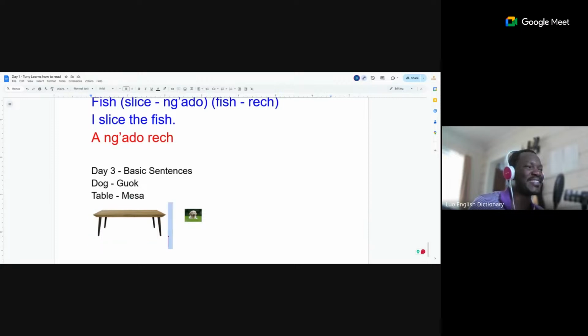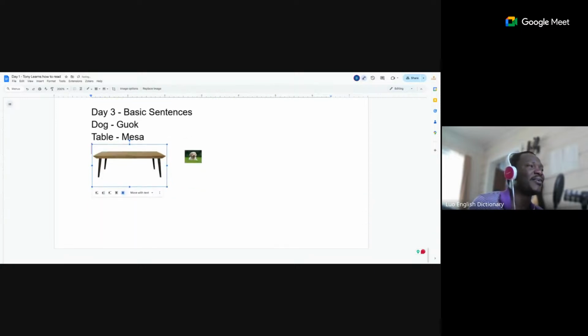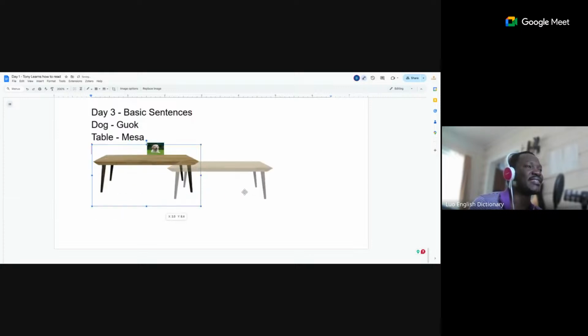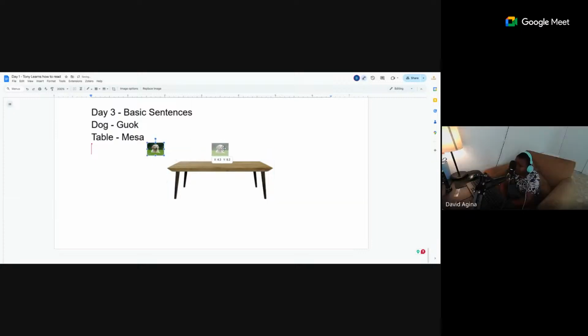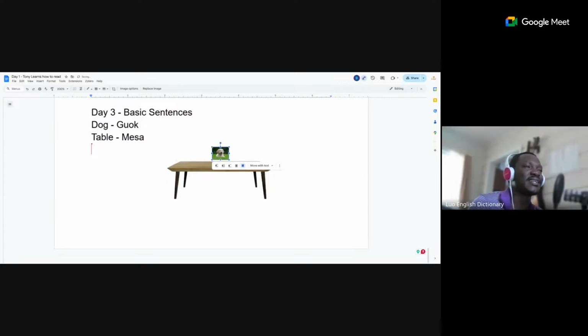You're blaming me for remembering stuff? That's good. So now Guok is dog and Mesa is table. So I want you to create a sentence that says: dog on top of table.